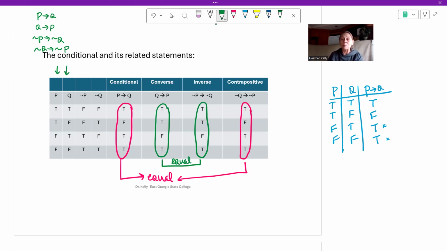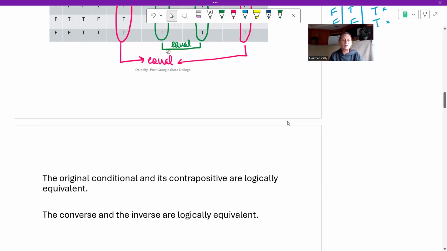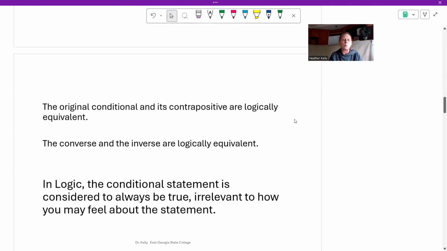So that means if a contrapositive is given, it is the exact same statement logically using reason. If you're given a converse of a statement and an inverse of a statement, those things are the same. Technically.